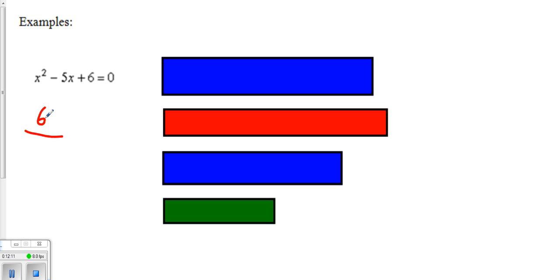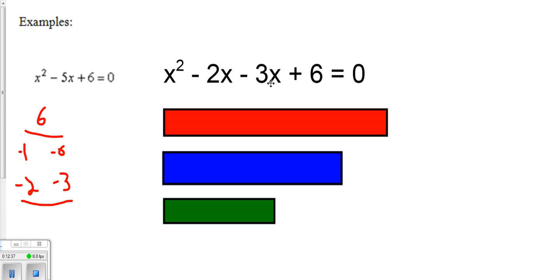So since this value is positive, this value is negative, we need negative factors. So like negative 1, negative 6. These would multiply to positive 6, but these don't add up to negative 5, they add up to negative 7. So we need a different set of factors, like negative 2 and negative 3. These will multiply to 6 and add to negative 5. So these are the two factors we want.